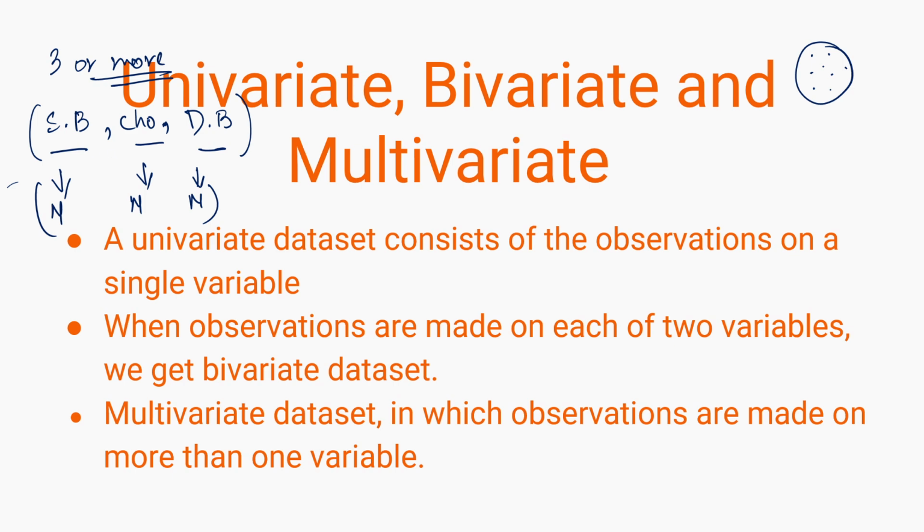All right. So a multivariate data set can be a multivariate numerical data set, where the variables are all numerical, and the data can also be a combination, like the bivariate data set.